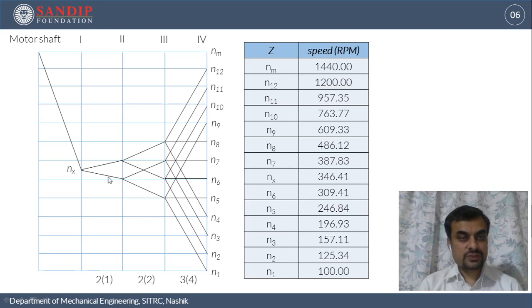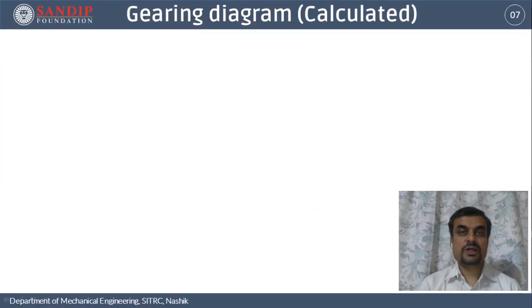The gear ratio of this gear pair will be N6 divided by Nx. So calculating the gear ratio of the first stage is very simple, but it will get more complicated for the next stages. So we have to calculate these gear ratios systematically, and for that we have to draw a diagram called the gearing diagram.